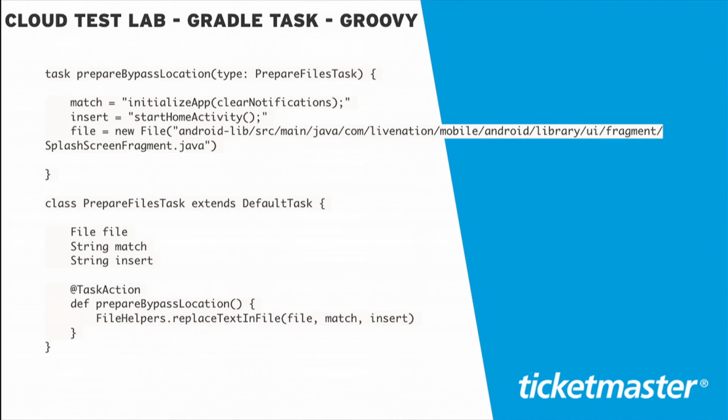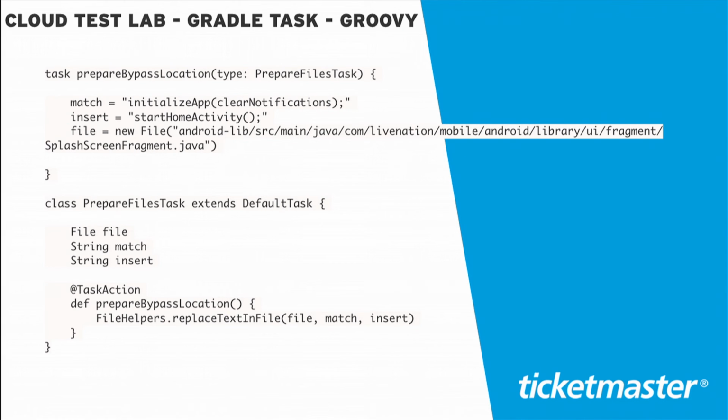Another useful process that a Gradle task can help you with is that before you compile your application, you might want to modify here and there, maybe a little bit in your code, to prepare your APK for the test environment.